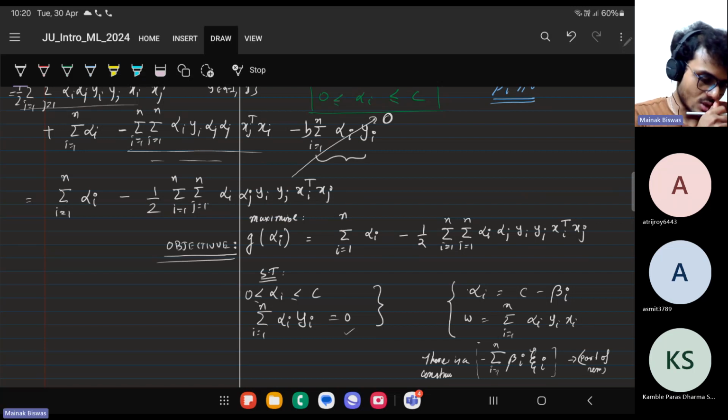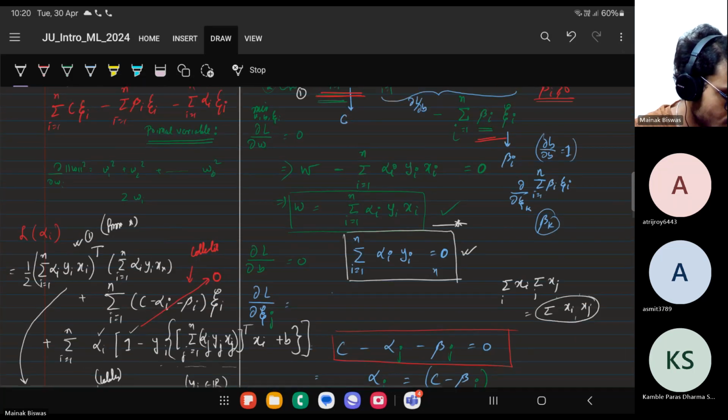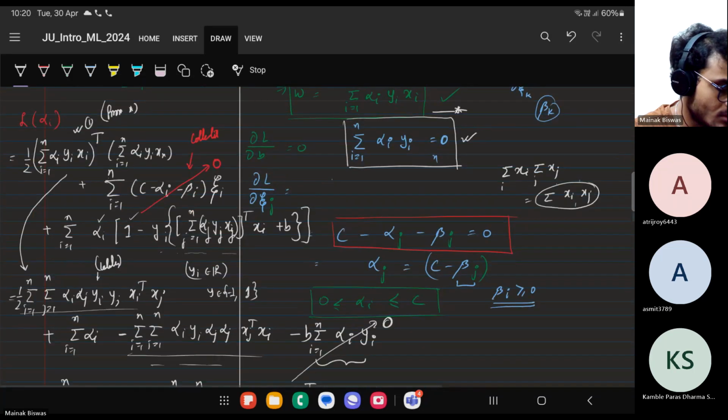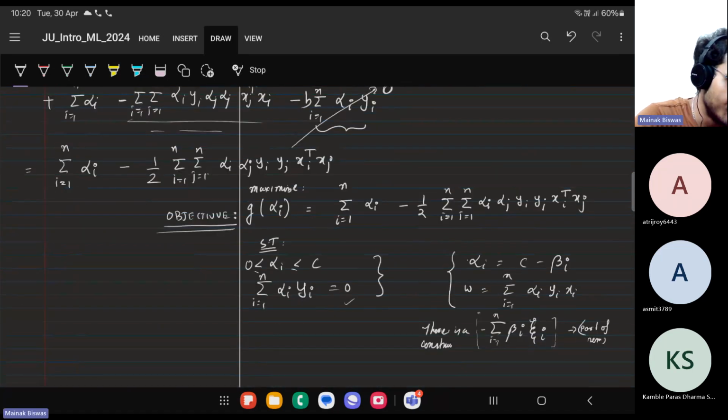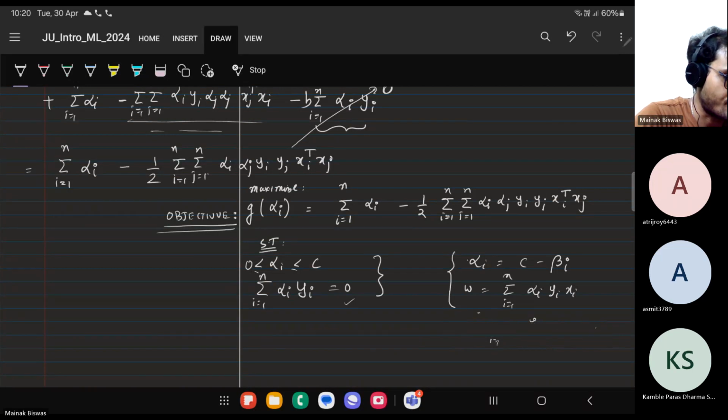So this is mainly these two that I'll keep in mind. And I'll also keep in mind the primal objective.